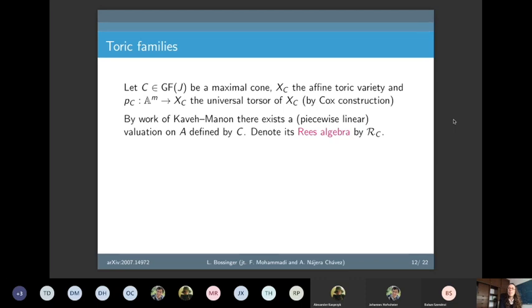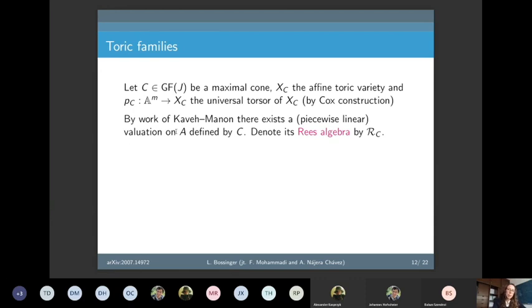There's recent work by Kaveh-Manon that tells us how to associate a toric family to this cone C in the Gröbner fan. The construction runs through a couple of steps. First of all, this cone in the Gröbner fan defines an evaluation on the algebra A that is piecewise linear, but the details of this evaluation don't matter too much at this point.